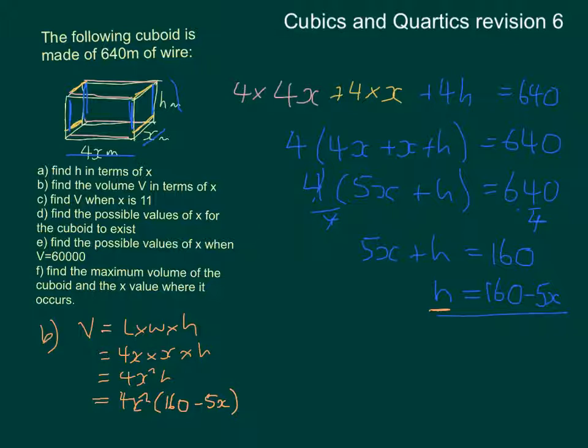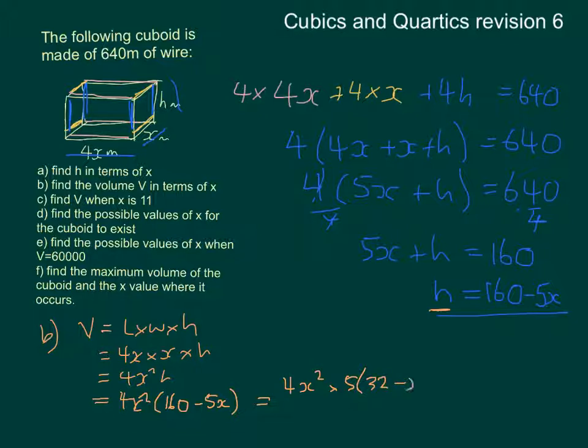And that will be equal to, if we factorise the 160 and the 5x, 5 goes into both 160 and 5x, so that's sort of the same as 4x squared multiplied by 5, and 5 times 32 is 160.